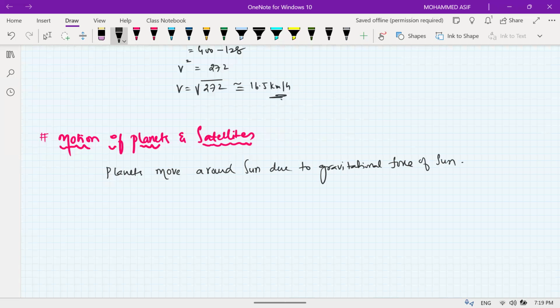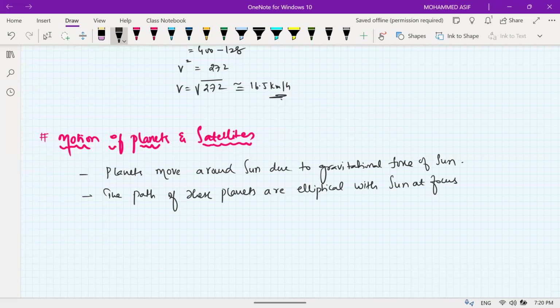What will be the path? The path of these planets is elliptical with the sun at the focus. All of them are moving in elliptical paths, and the responsible force for that is the gravitational force of attraction.